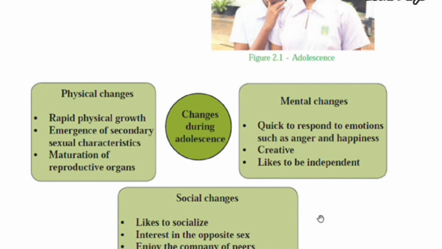When you were in grade 1, you had only one or two friends, especially only one, but now as an adolescent you have many more friends, so we call it socializing. Interest in the opposite sex is very important. Enjoy the company of peers.